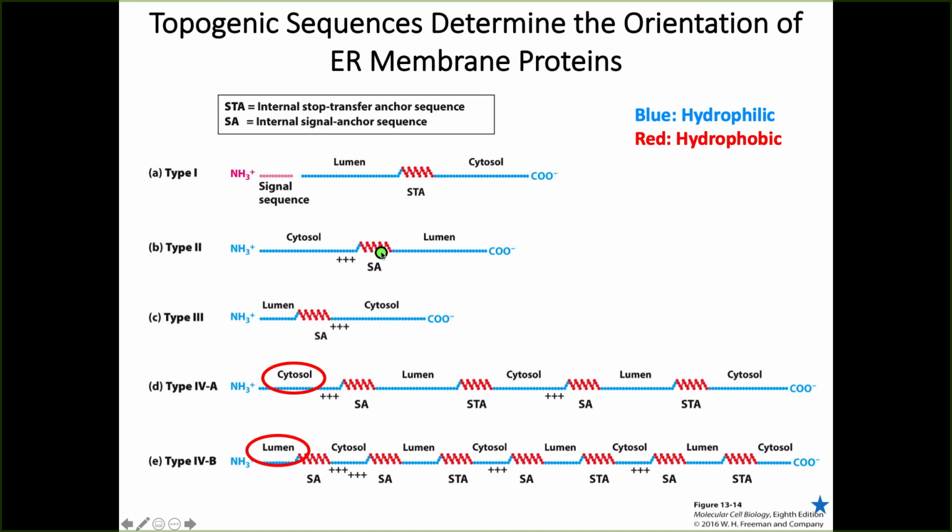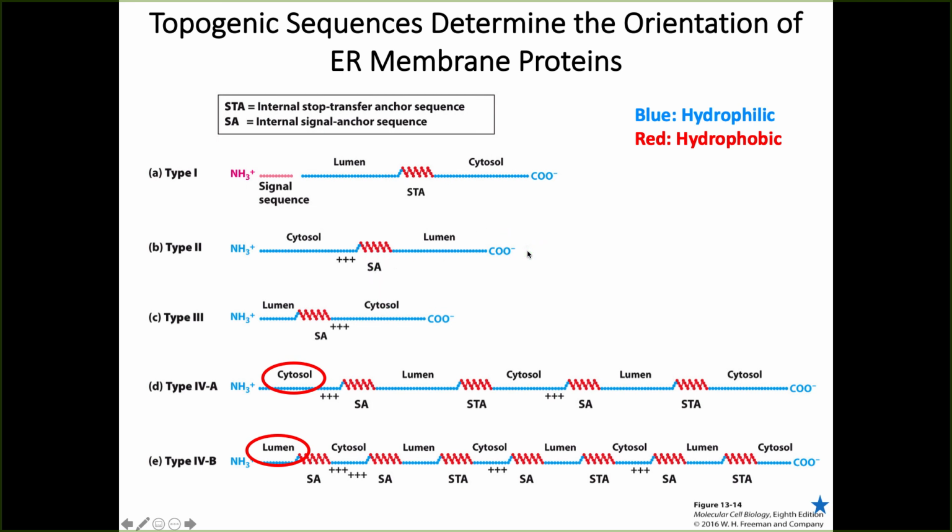When this sequence appears after these plus signature sequences, it is going to be involved with the SRP, bringing this sequence to the translocon. Remember that SRP was binding to the signal sequence and bringing this to the translocon. Here the SRP is binding to the signal anchor sequence, bringing it to the translocon. Once it is transferred to the membrane, the rest is synthesized.